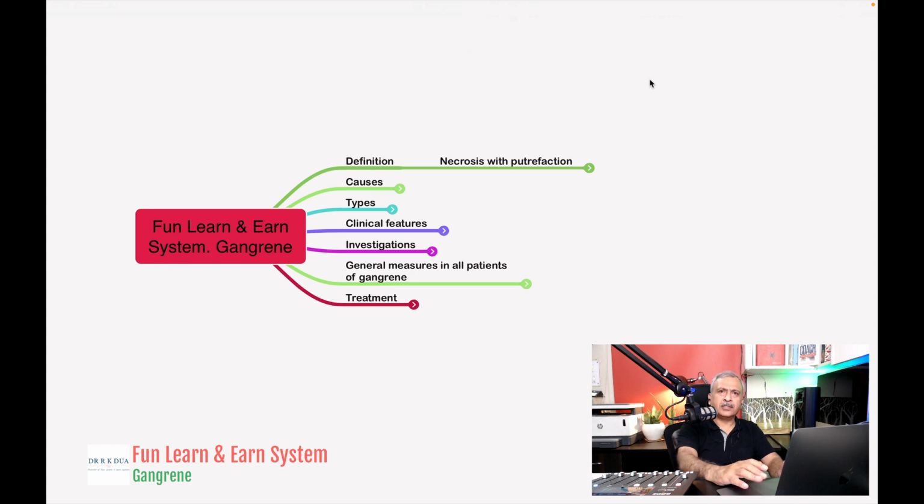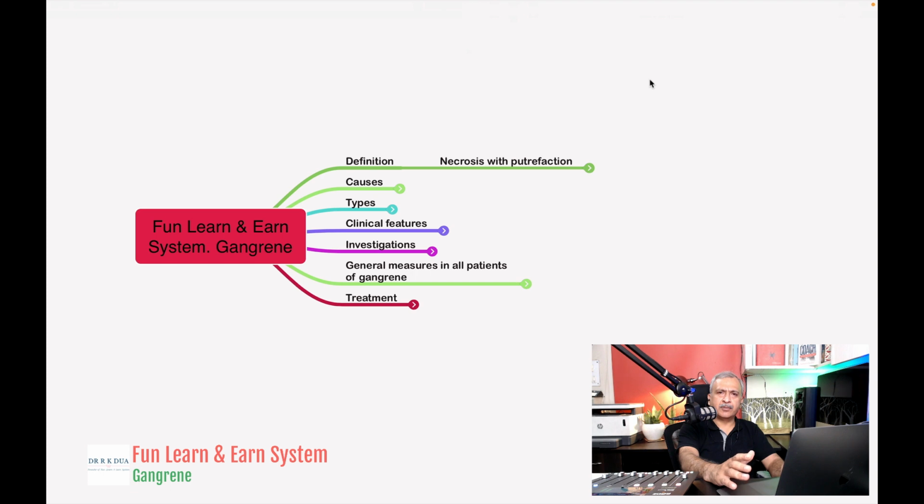So when the death of the tissue occurs, two things can happen. If superadded infection is there, the result will be different. If superadded infection is not there, then the result will be different. When the superadded infection is there and there is a lot of necrosis with skip lesions, the gangrene is known as wet gangrene, as in the case of diabetes mellitus.